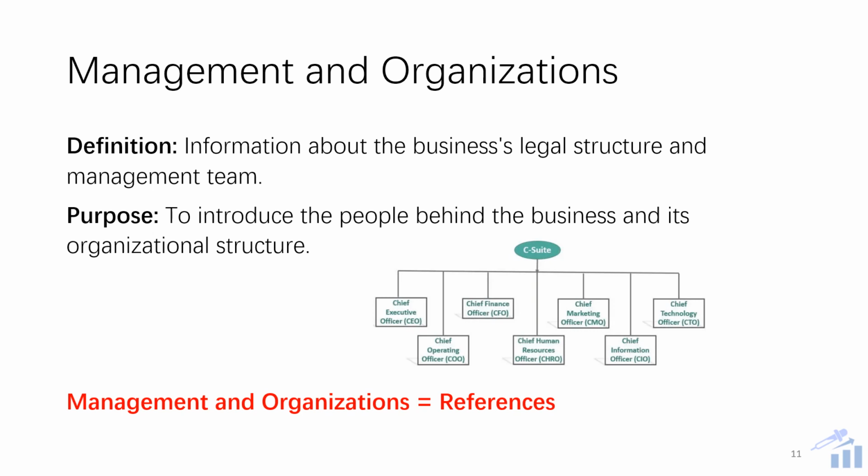So the C-suite officers are, by definition, officers of the corporation, and their responsibility is as top-level executives that make strategic decisions. They set the company direction, and they are ensuring organizational success.